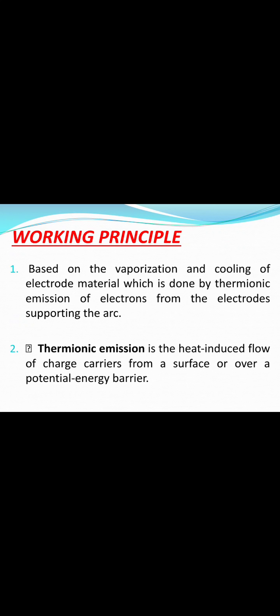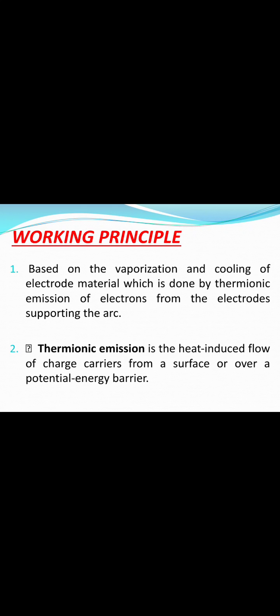So, what is the principle of the arc discharge method? It is based on the vaporization and cooling of electrode material, which is done by thermionic emission of electrons from the electrode supporting the arc. So, what is thermionic emission?